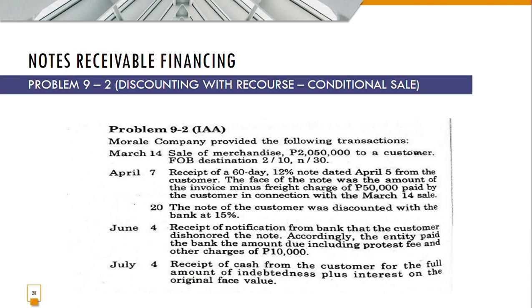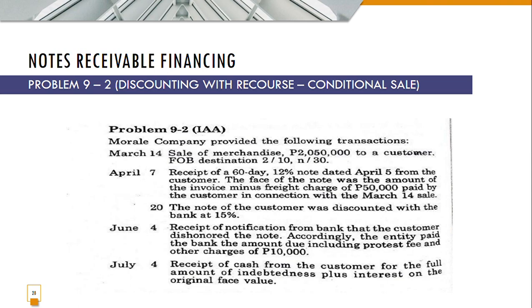Again, this is FOB destination, so the person who's obligated to pay freight is the seller. So in this case, it's Morale Company. However, the customer paid for it, so they deducted it to the face amount of the invoice.